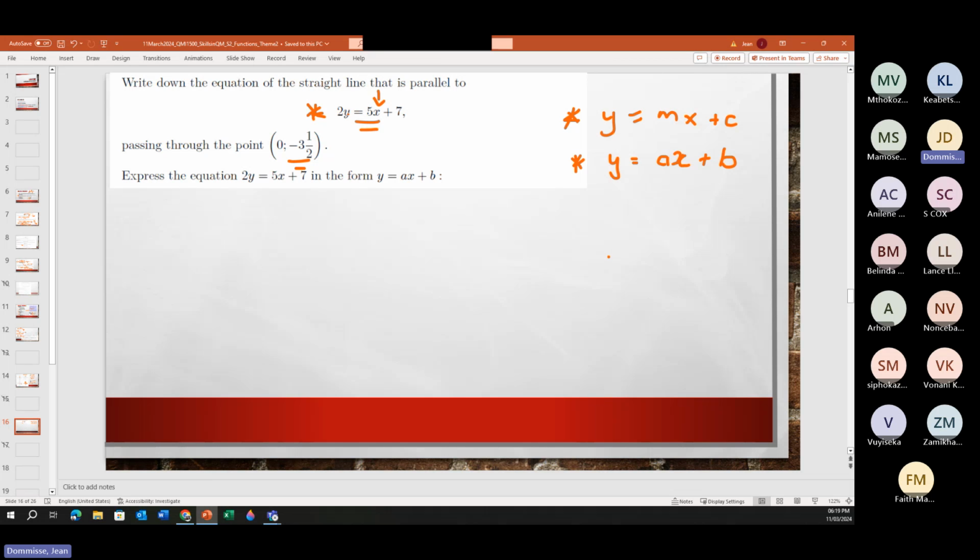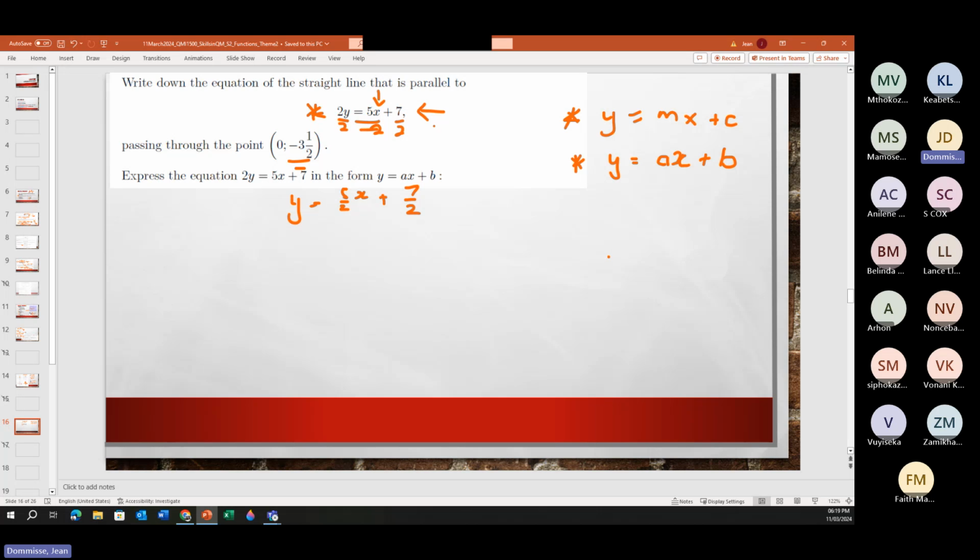To isolate y, we will need to divide everything by 2. So then the format will be y, because 2 divided by 2 will give you 1. So 5x divided by 2, so 5 over 2 x plus 7 over 2 for the b. So that would have been my straight line equation for that.